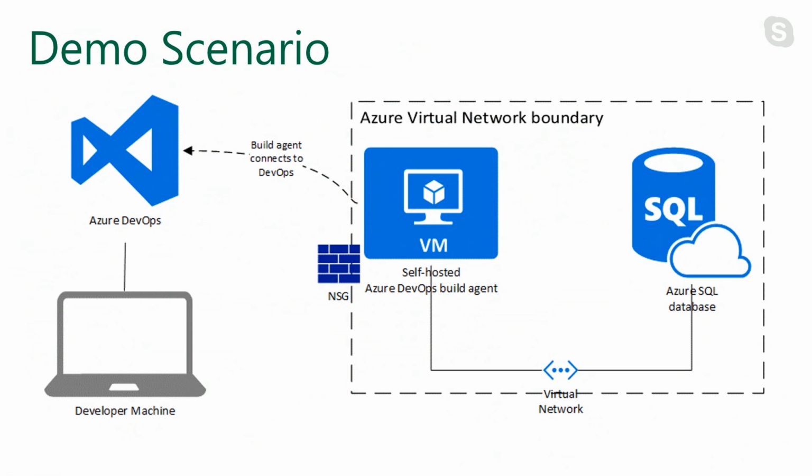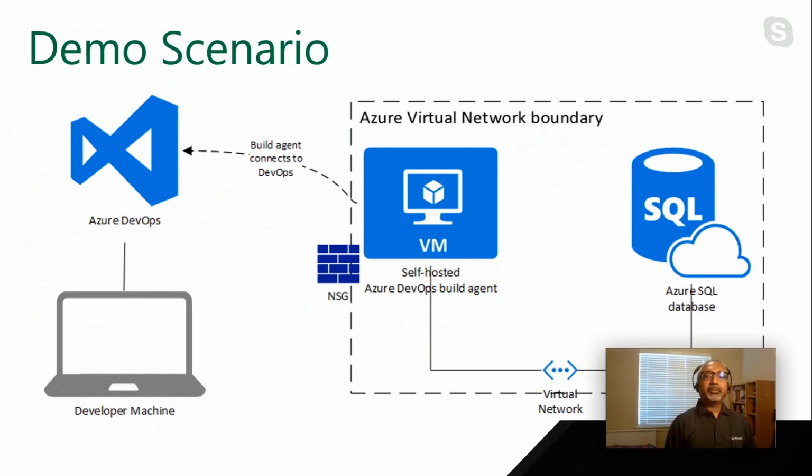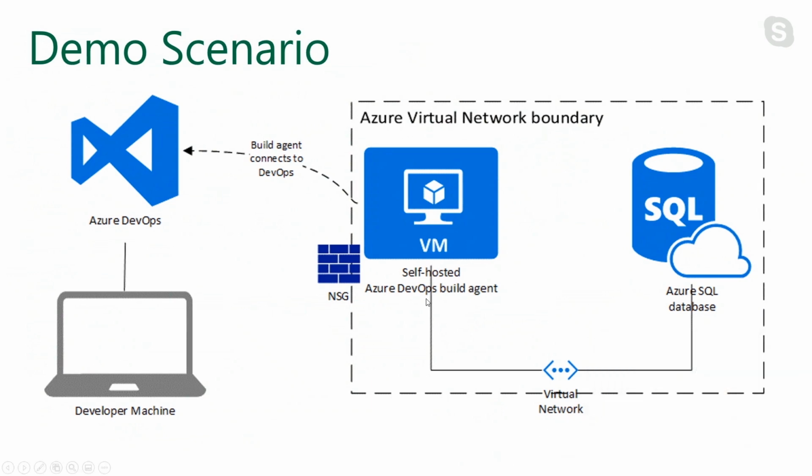And typically, if you're running public cloud-based pipelines like GitHub Actions or even Azure DevOps pipelines, those agents, as they're called, by default live in the public cloud, which means they don't by default have access to your private network. So what we have in this particular case is I created something called a self-hosted agent.